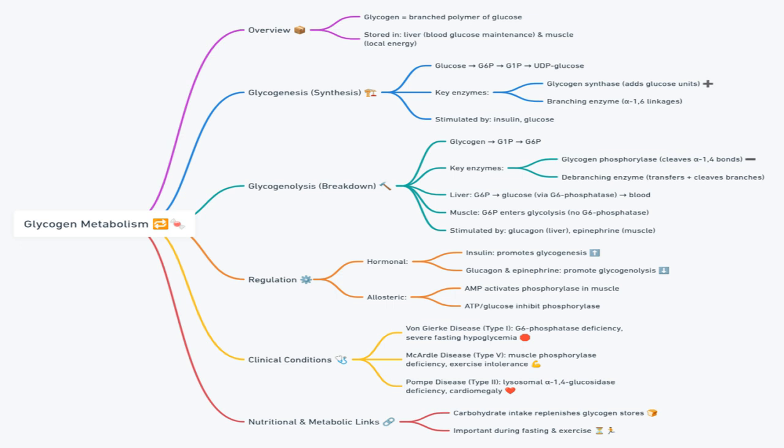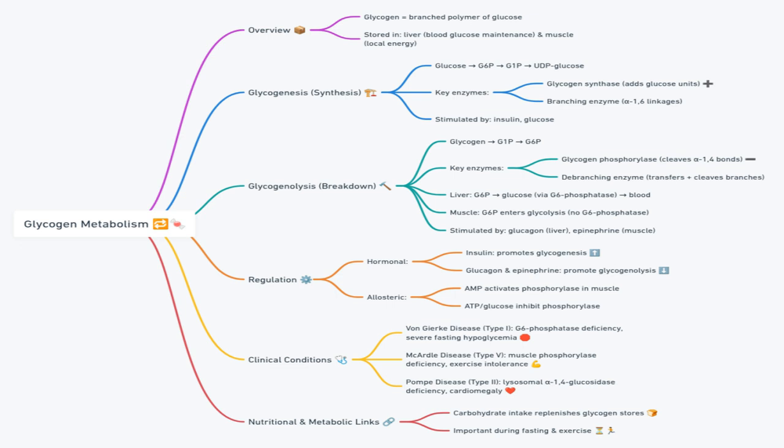So with the branching, once the original linear chain reaches at least 11 1,4 residues, a branching enzyme known as the glucosyl 4,6 transferase, also known as amylo 1,4 to 1,6 transglucosidase, transfers between 5 and 8 residues from the non-reducing end of the chain to a 6 hydroxyl group on the internal glycosyl residue.